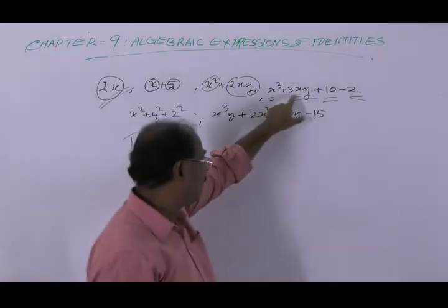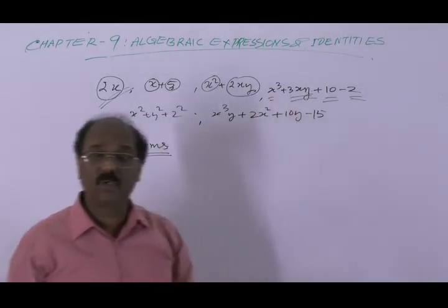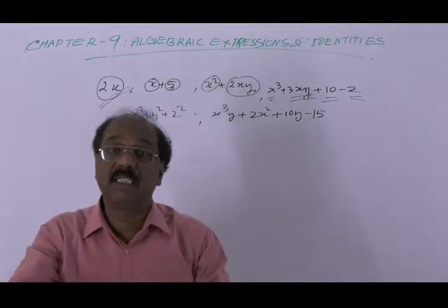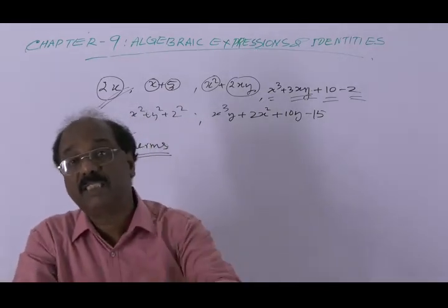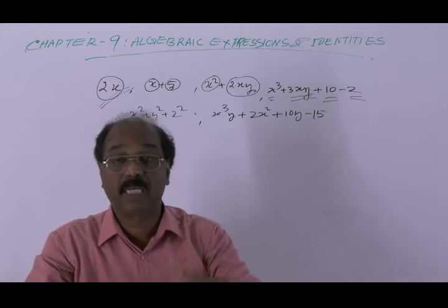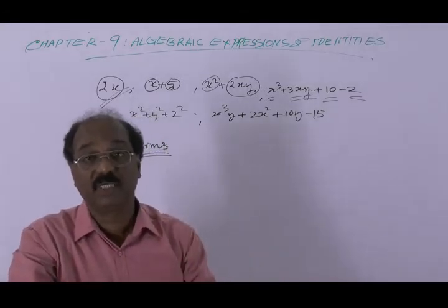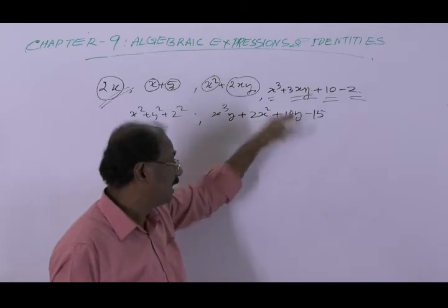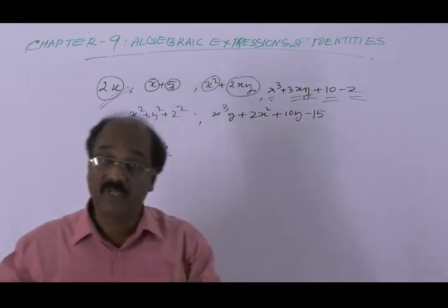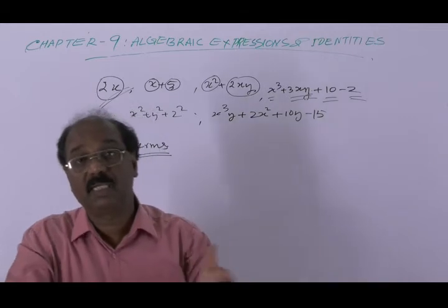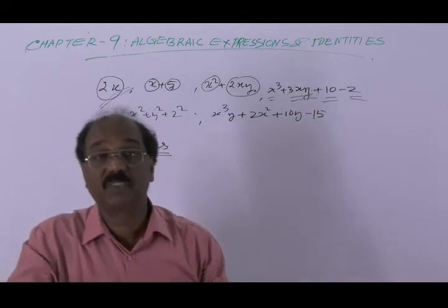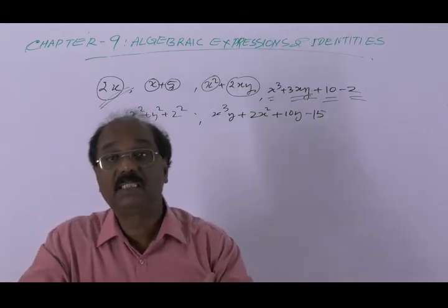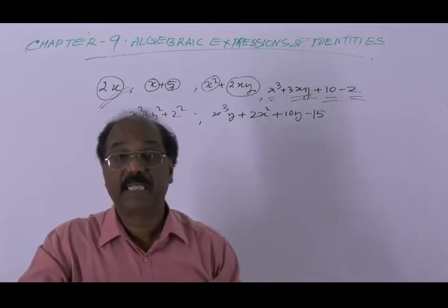And in 3xy, 3 is the coefficient in the term and it is the coefficient of xy, the variable part. And in this 10y, 10 is the coefficient of y. Similarly we can have the coefficients of each term in an expression.